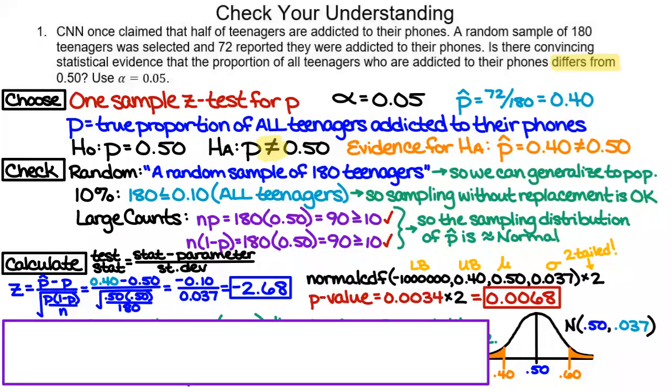You only have to do this when it's a not equal to, because it could be not equal to because it's too small, or not equal to because it's too big. So you go the same distance away from the mean on either side. When I did my normal CDF, I got 0.0034.